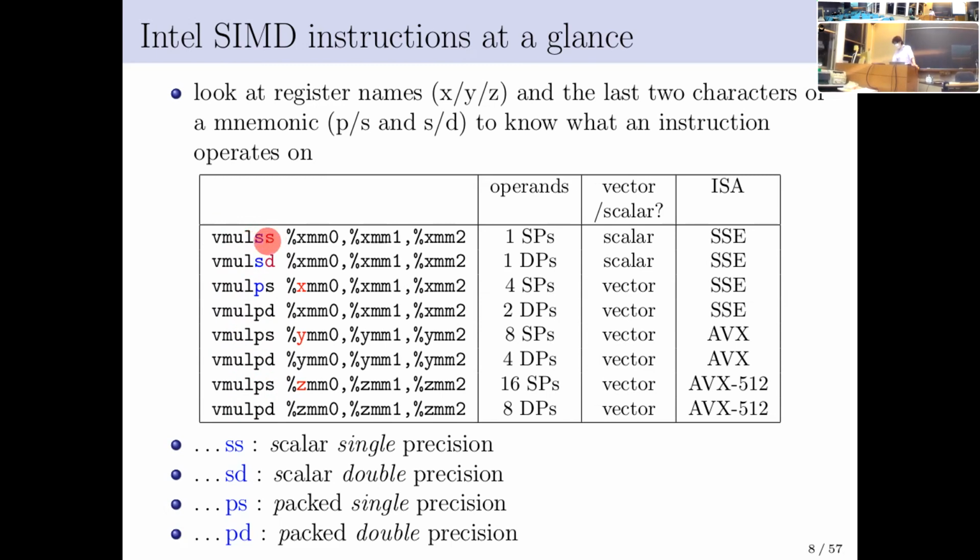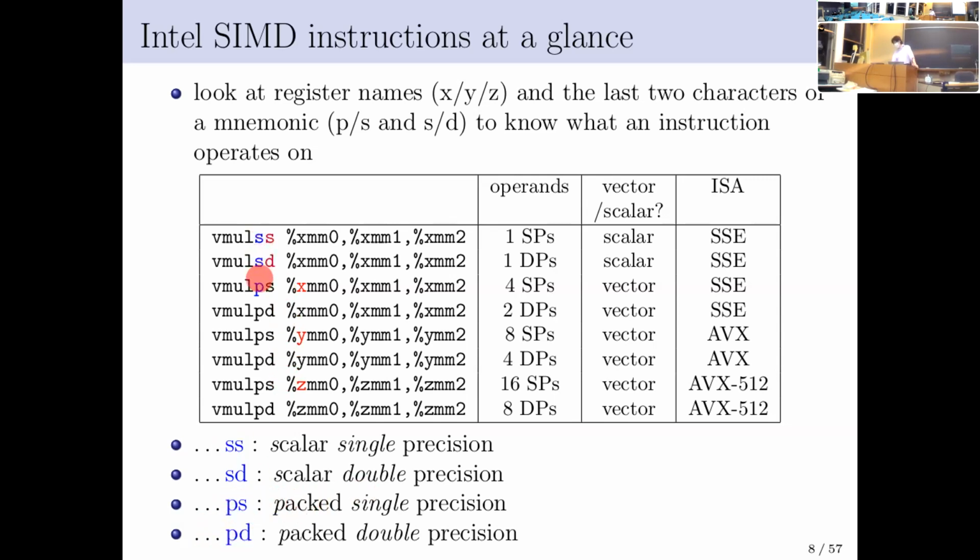The second to last character tells you whether it is a scalar instruction or a SIMD instruction. If it is S, it is a scalar instruction working on a single value. If it is P, it is a SIMD instruction. It stands for packed instruction, so many values are packed. That's why it's so named.